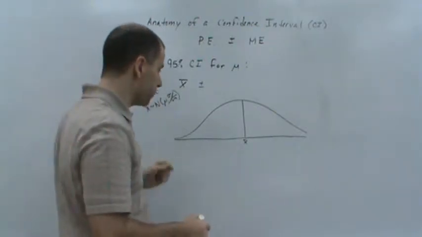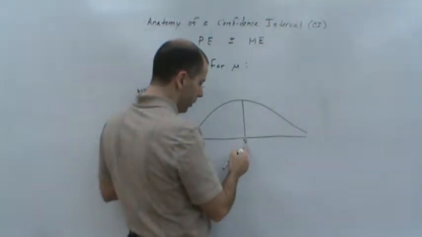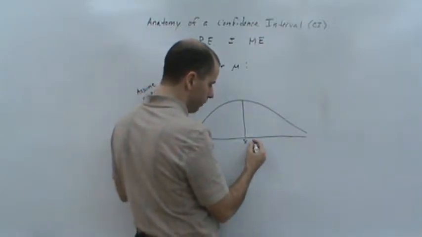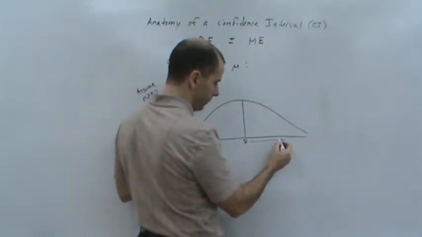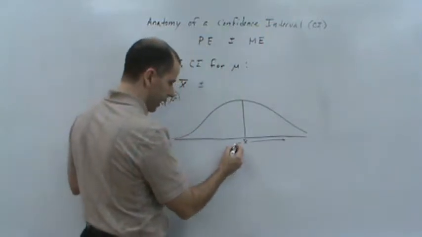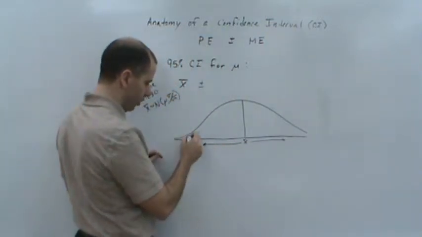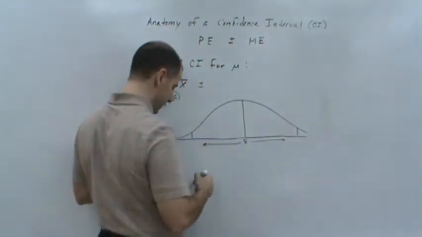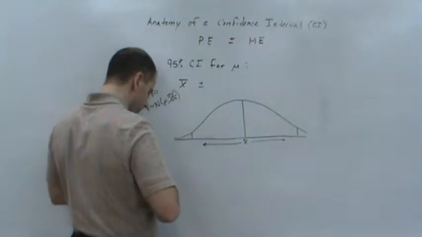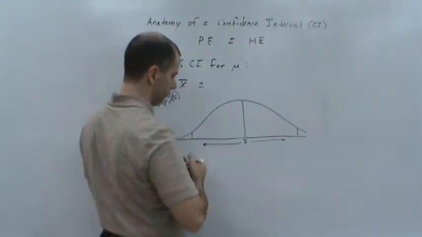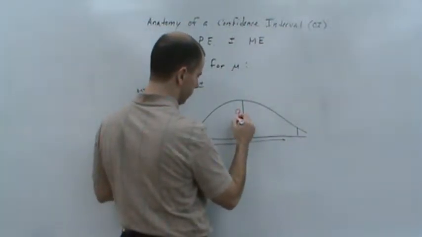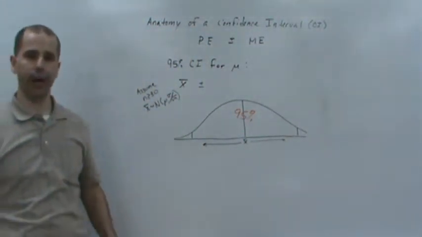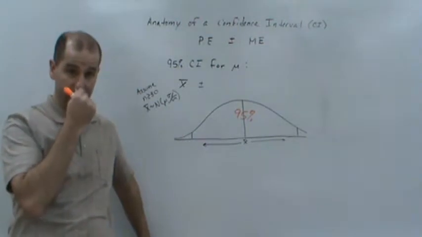So in other words, we're going to use X bar and the distribution of X bar to figure out how far this way and how far this way we need to go, so that we capture, let's say, 95% of all of the possible values for X bar, right?